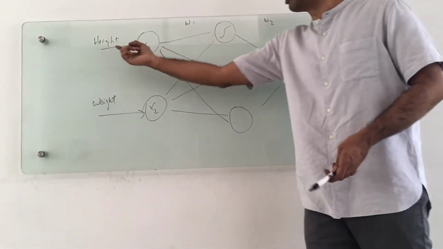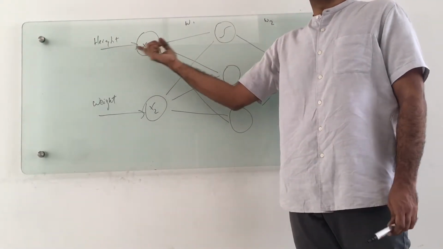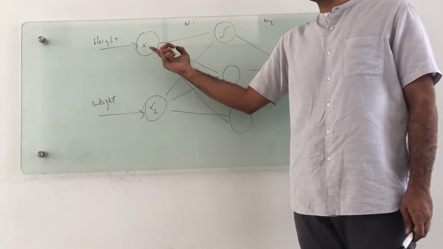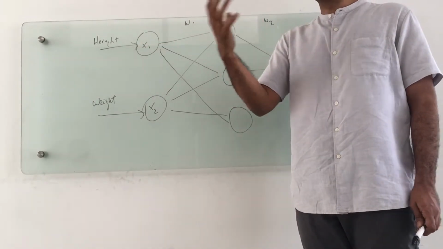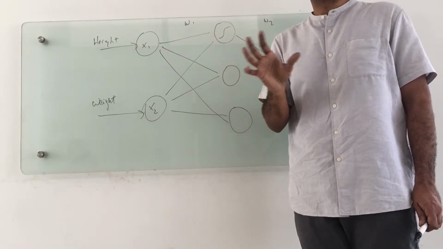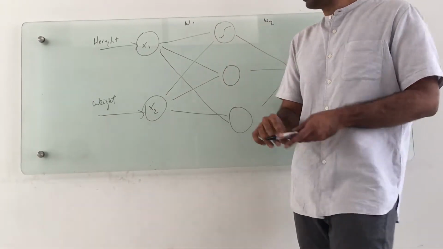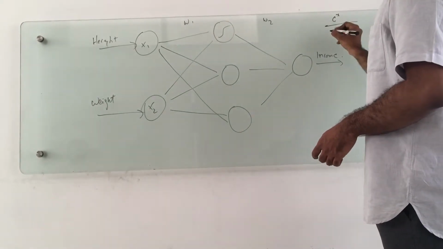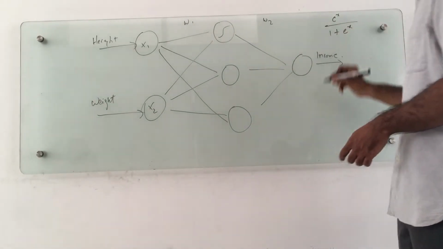So what a neuron does is it puts it through an activation function. An activation function very simply takes a value and converts it to a value between 0 and 1. That is all. One activation function called sigmoid is e to the power of x divided by 1 plus e to the power of x.